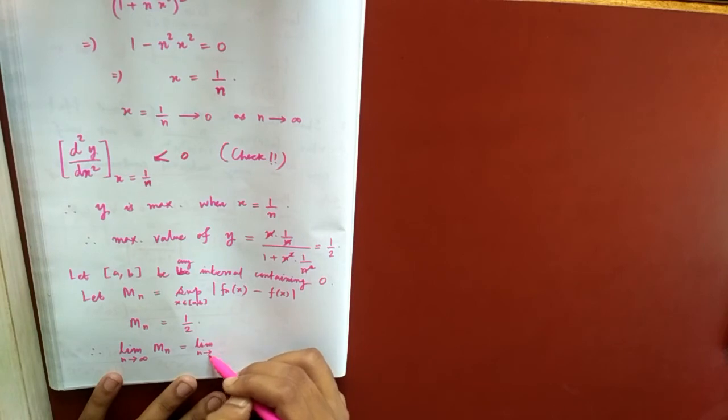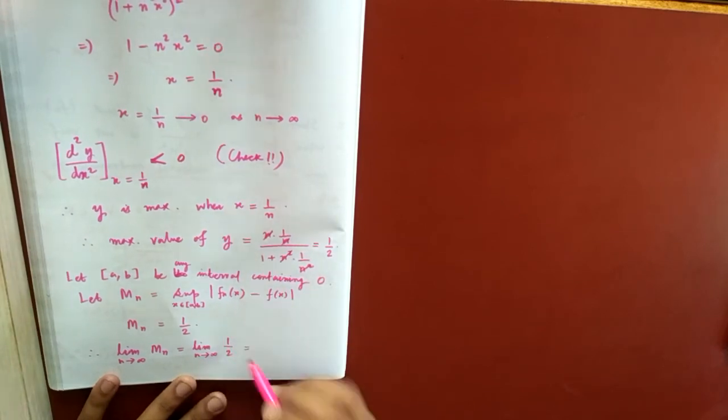Limit n tends to infinity, Mn is half. Now what is this limit?